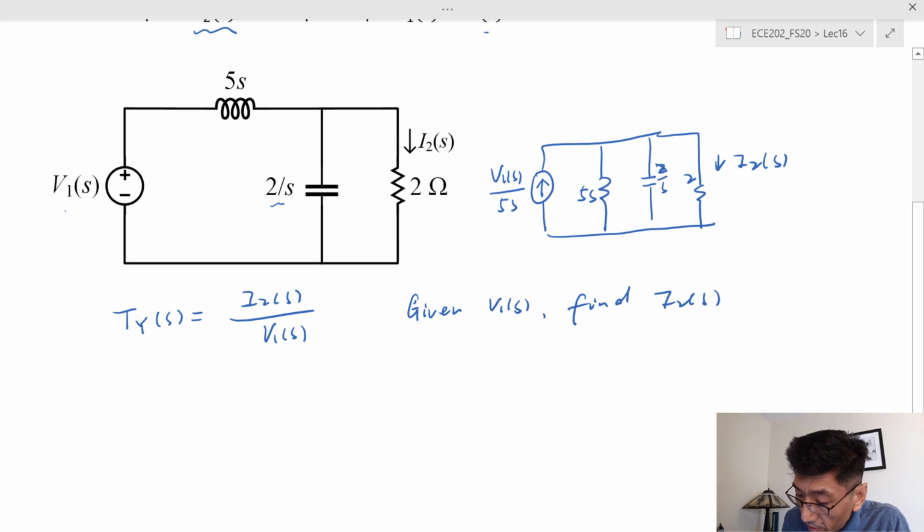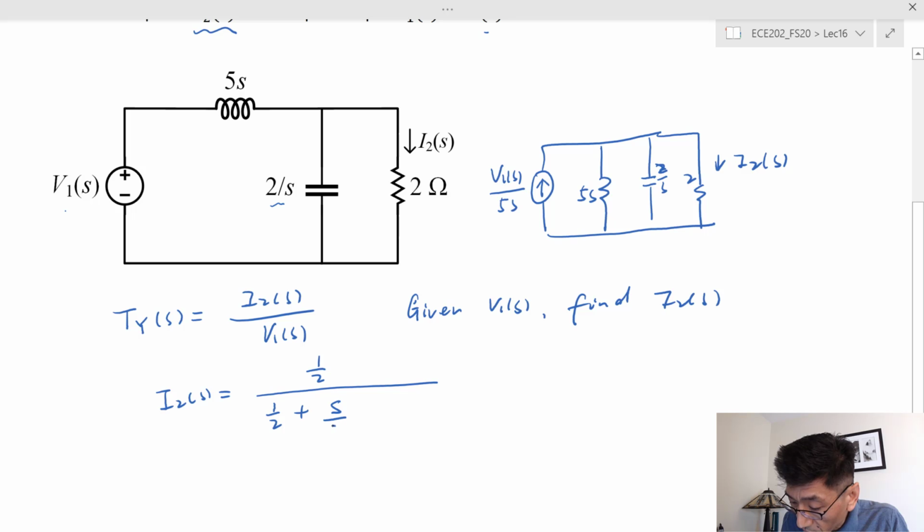In this case, the current division I2S is just equal to 1 over 2 divided by 1 over 2 plus 1 over 2 over S. So I'm just doing the S over 2 plus 1 over 5S times the total current, which is the V1S divided by 5S, right?